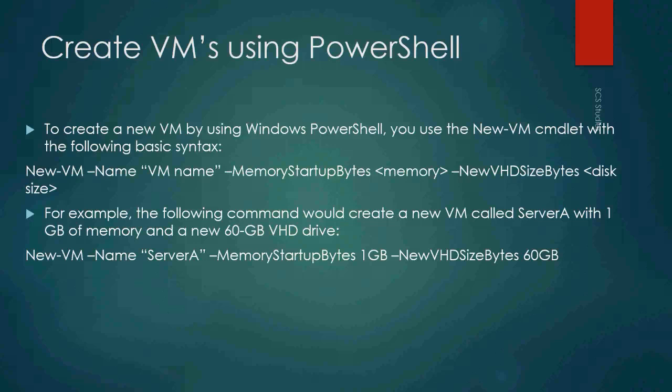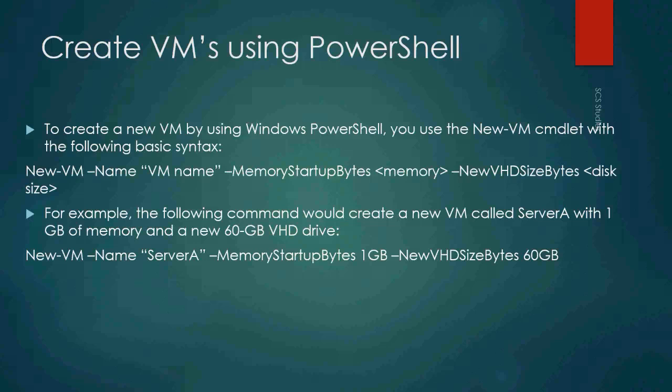If you want to create VMs using PowerShell, these are the command sets available. If you want to create a new VM, the cmdlet will be New-VM. When we are creating a VM, this is the full syntax: New-VM -Name, put the name of the VM, -MemoryStartupBytes, that is you have to specify how much memory you want to allocate, -NewVHDSizeBytes, that means you have to specify the VHD, that means disk drive size, in bytes.